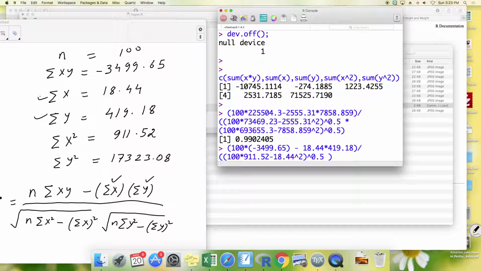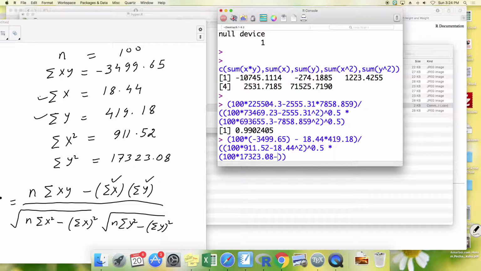This guy times the second guy is n times summation y squared, so 17323.08 minus summation y whole square, so 419.18 square.